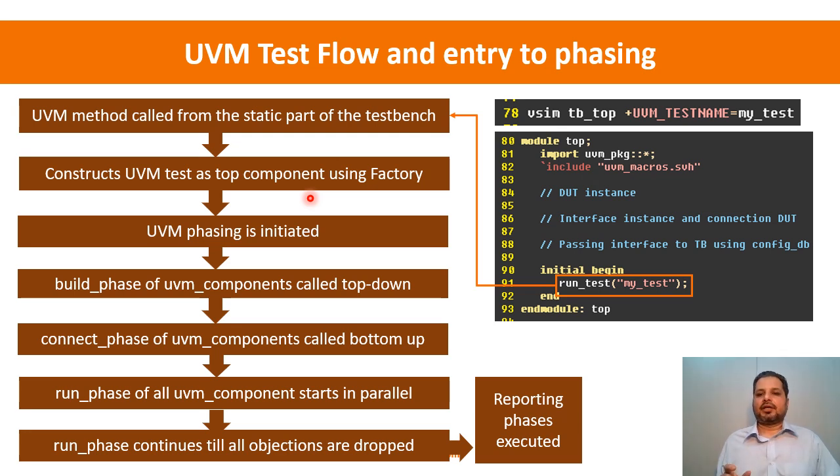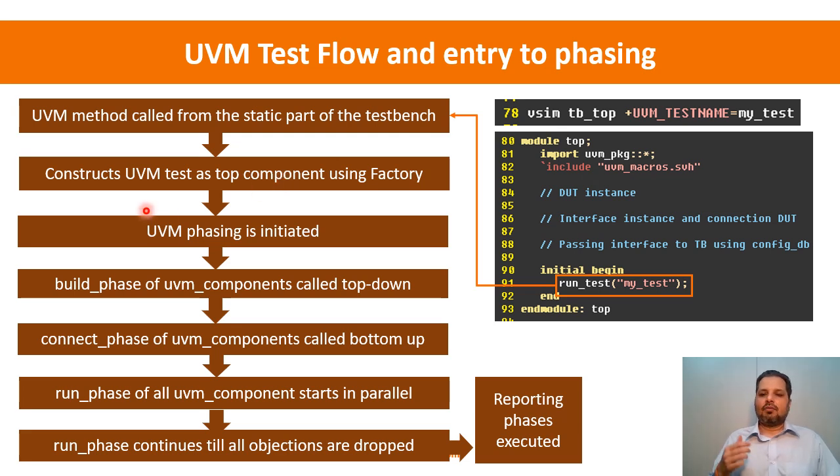In the uvm_test_top, whatever test name we are passing gets instanced. That particular test gets instanced through the factory, because in the UVM test we would have called uvm_component_utils and registered that particular test. So through that it does name to data type mapping, and using that it creates the test. That's what it does through the factory.